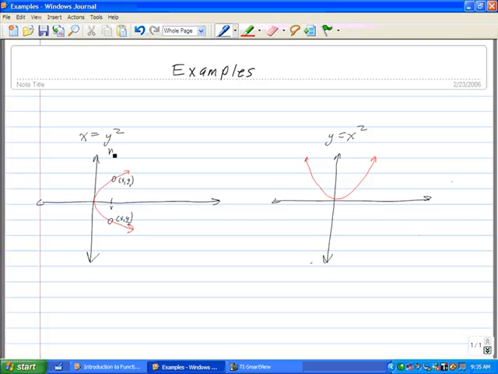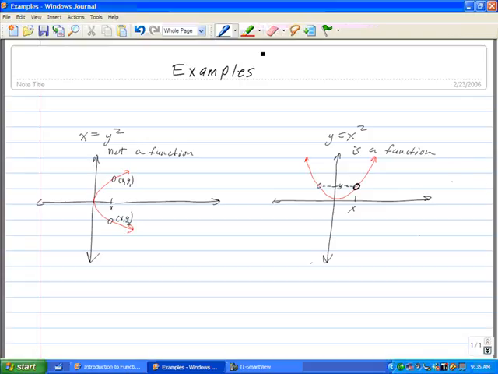So this graph is not a function. Now over here, if you pick any x value, you'll notice there's one and only one point on the graph for that particular x value. Now sure, for y values, there's more than one point corresponding to y values, but again, y is in the range. It's the output. That doesn't matter. So this one is a function.